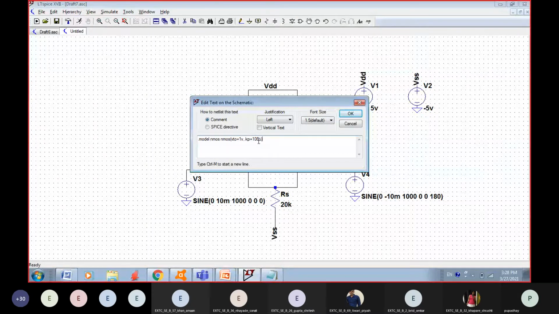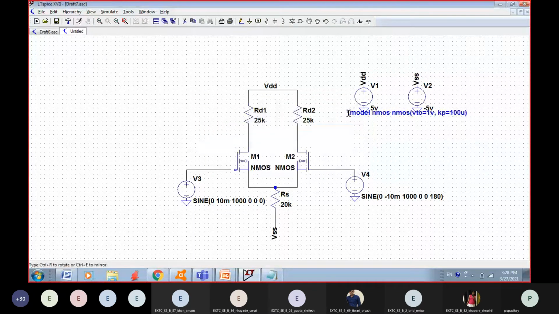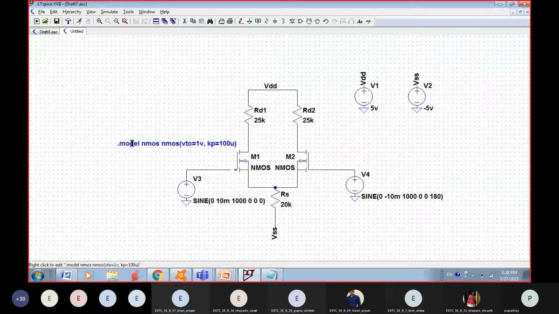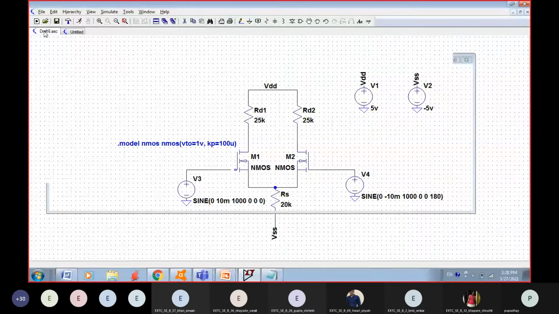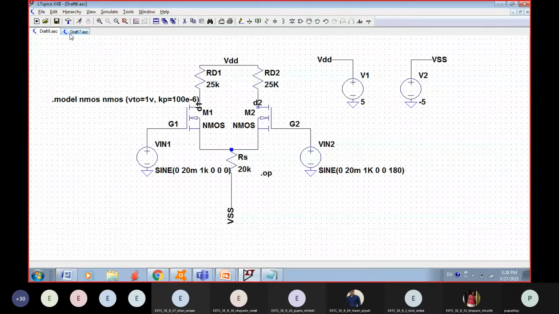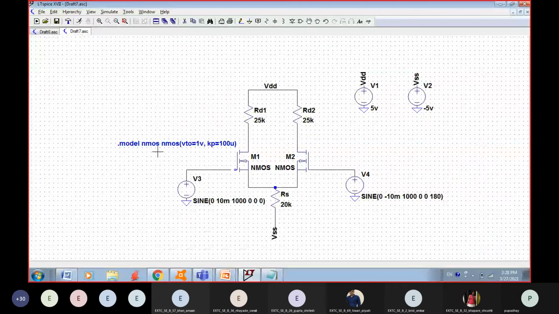These two values you have to specify so that MOSFET will have all these values. So two values, threshold voltage and KP. Okay, so KN was given 50 micro. So we select process conductance here, KP, which is 2 times of KN.